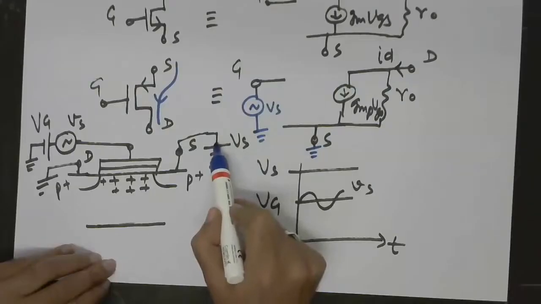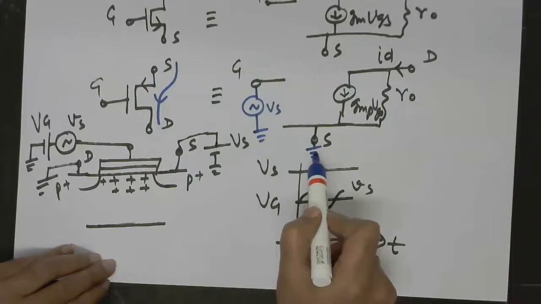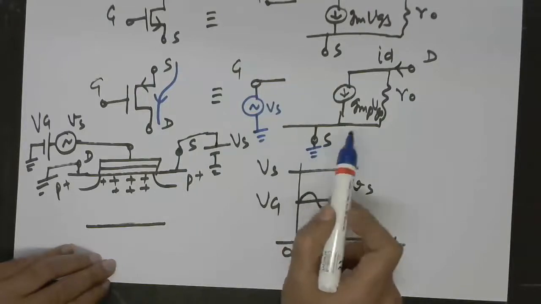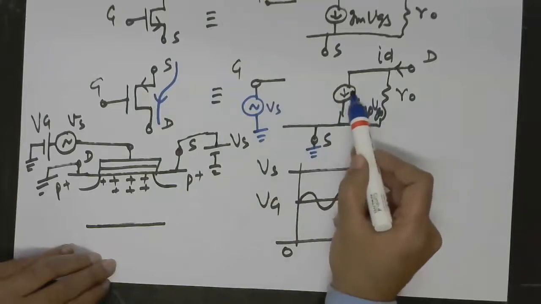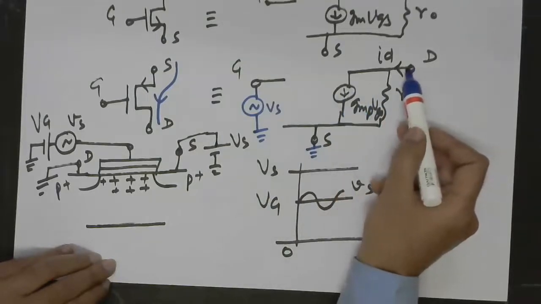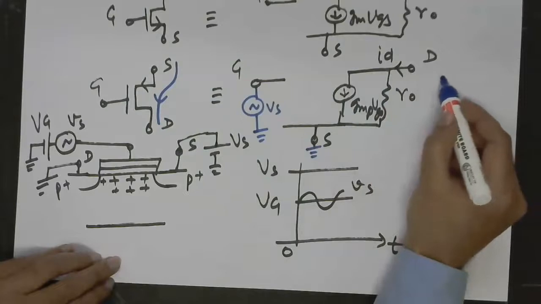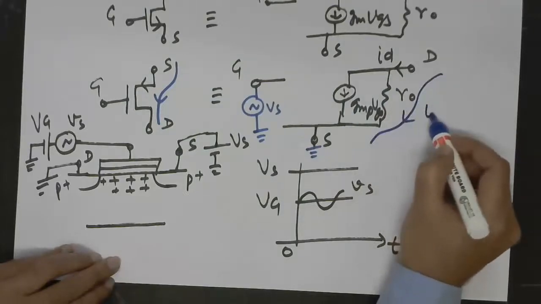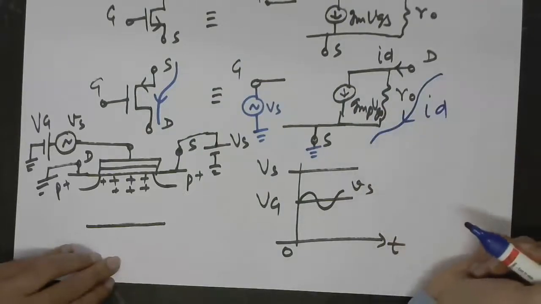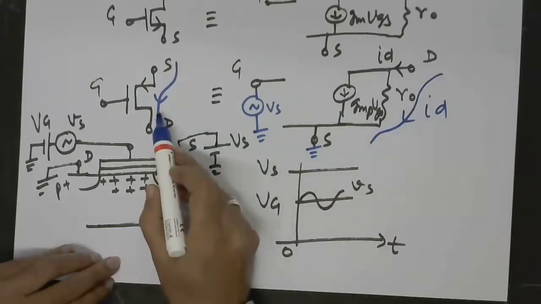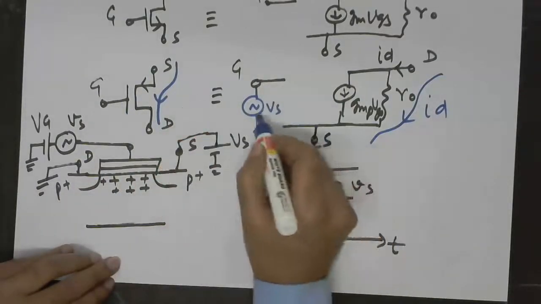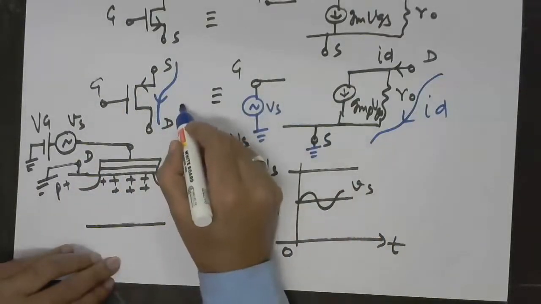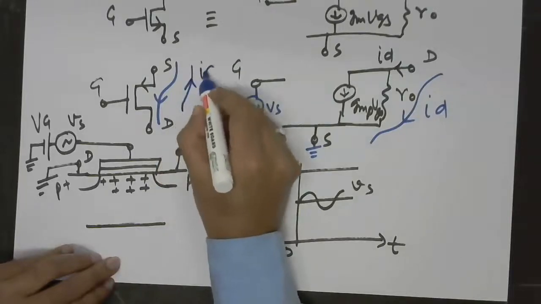That means there is no time varying voltage at the source. So source will be what is called AC grounded. So as the Vs increases, this dependent current source will increase, and this dependent current source flows from drain to source, right? So now there is additional current resulting because of the time varying voltage imposed on the gate, and that current flows like this, IB.